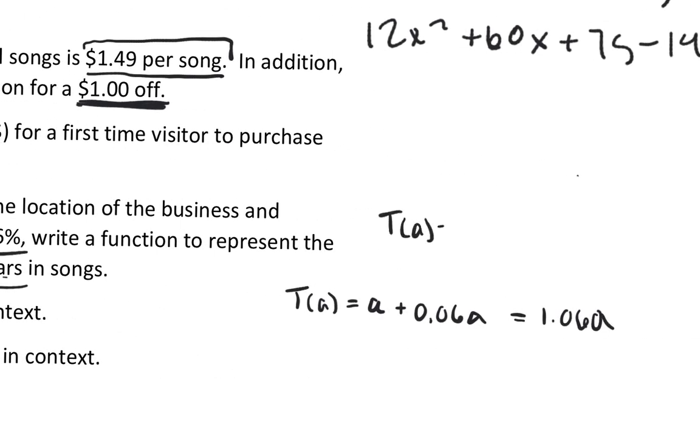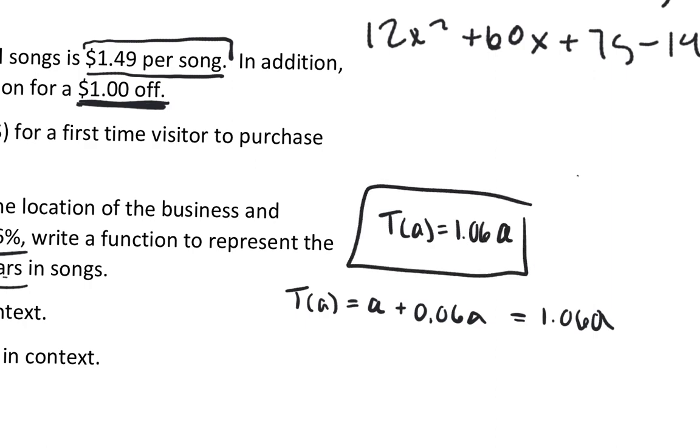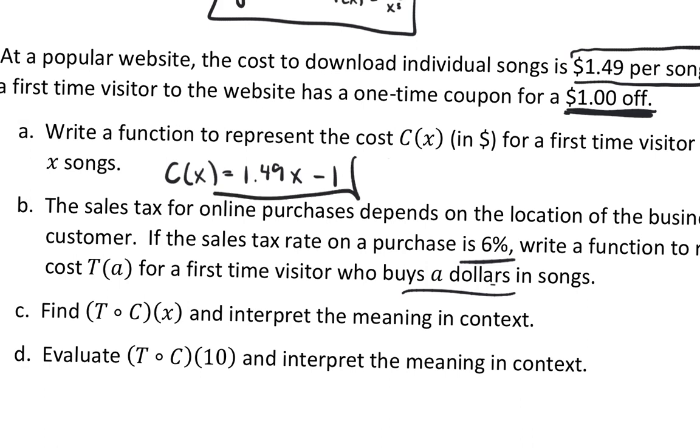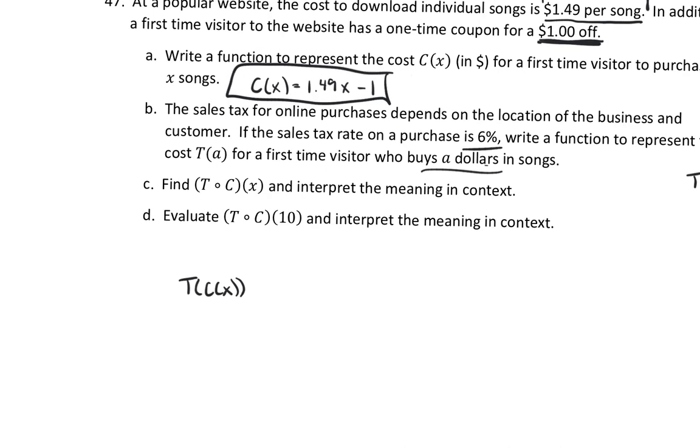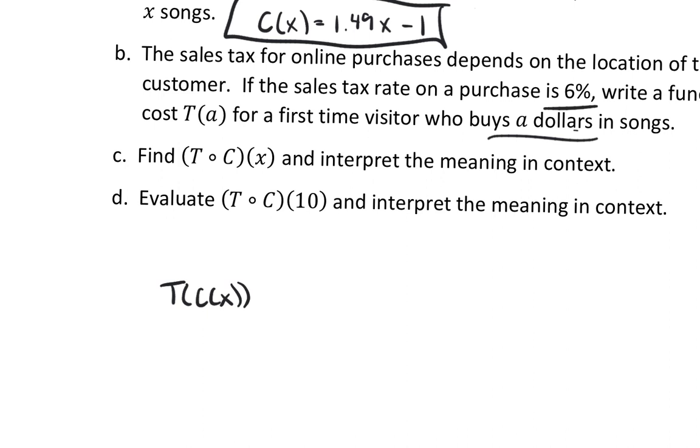T of A equals 1.06 A. There we go. Now moving on to C, what we want is T of C of x. We want to interpret the meaning in context. So just go ahead and plug everything in.